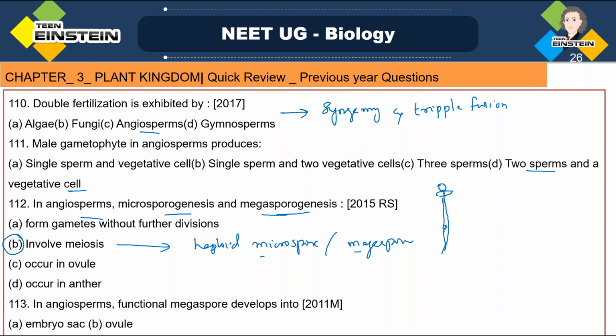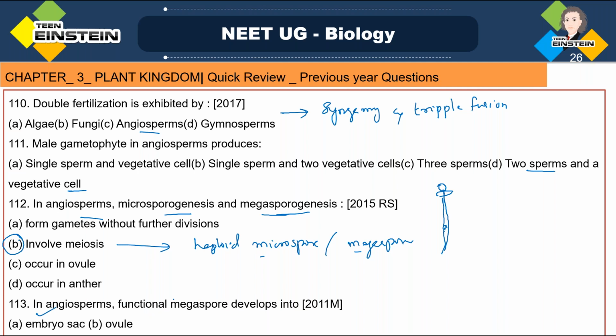Next question. In angiosperms, the functional megaspore develops into what? It develops into the embryo sac. That is the right answer.